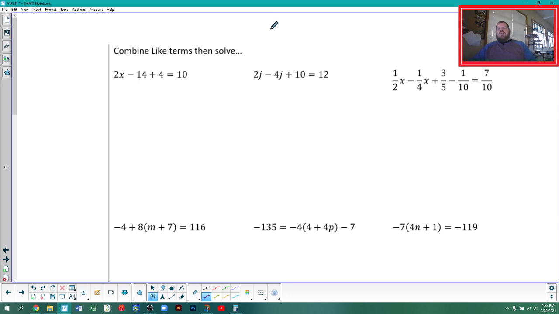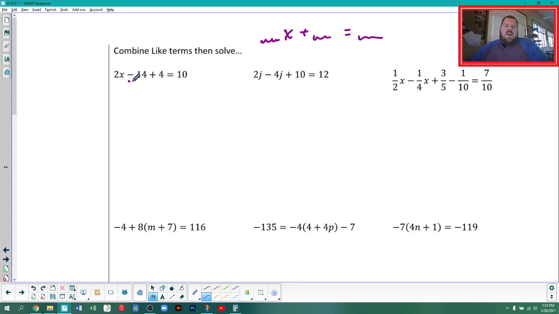I should either be able to get to something like a variable, plus or minus something, equals something, right? I should be able to get to that. And in all these, I can get to that. And it would actually make life easier if I do that first, because we get really good at this kind of equation when we're talking about these two-step equations.